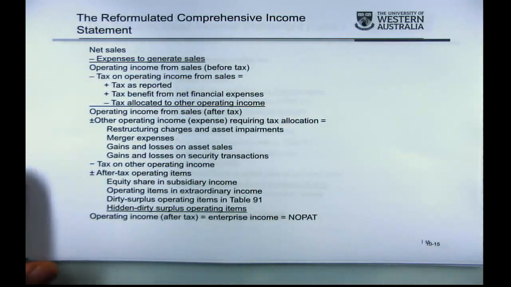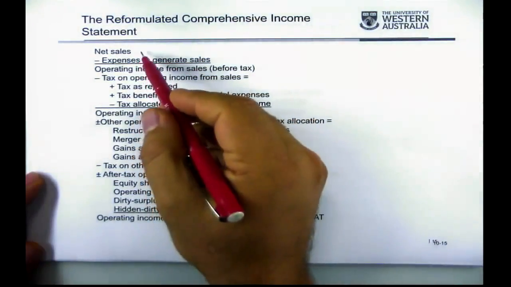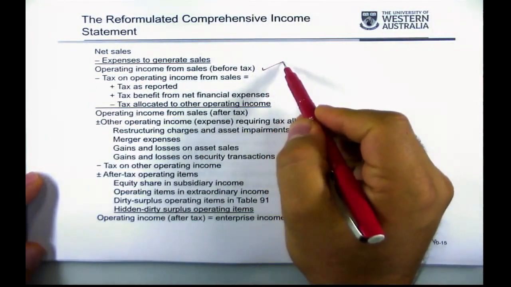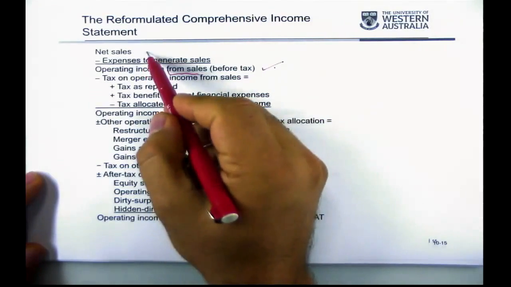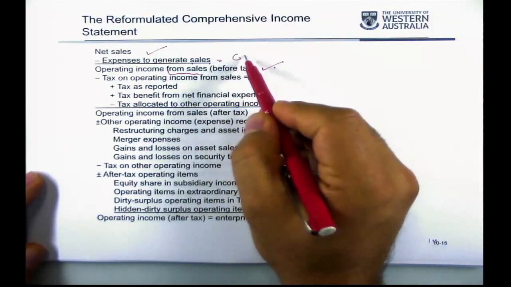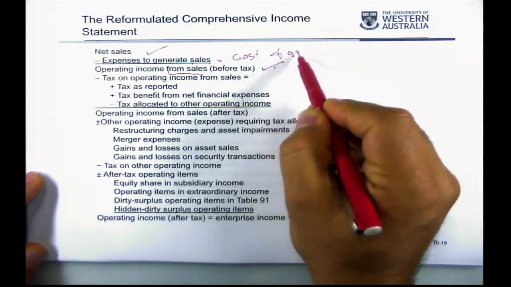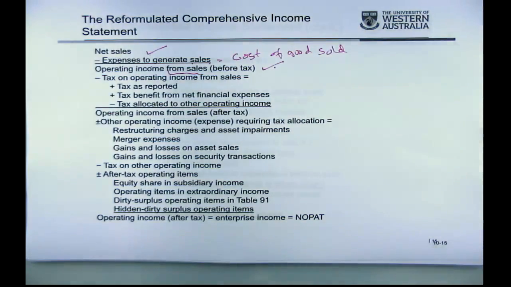So this is what we do here when we restate the income statement. We calculate the operating income from sales before tax, and that is equal to sales minus expenses to generate sales. This one is, again, cost of goods sold, because all the expenses incurred to generate sales are usually lumped together as cost of goods sold. Sometimes it is called expenses to generate sales. The same.